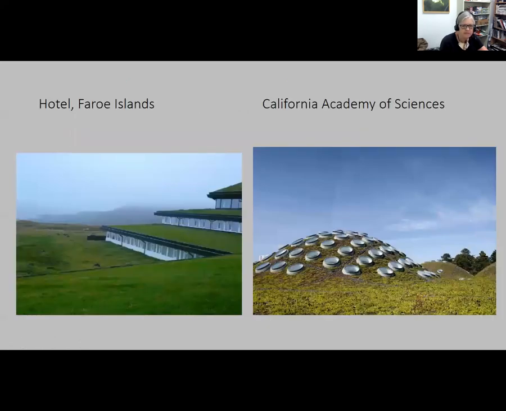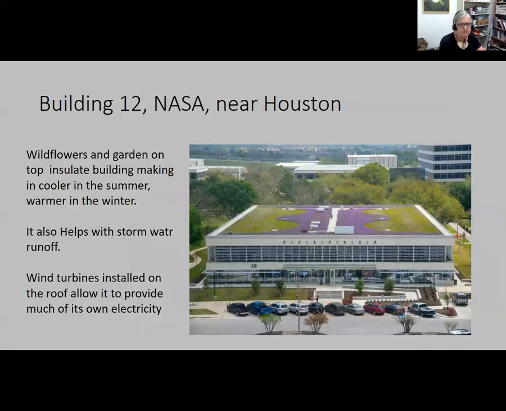This is a hotel in the Faroe Islands, and the California Academy of Science. And Building 12 at NASA also has plants planted on it. And I don't have this in here, but the Glassell School of Art has a terrace with plants growing on it. It's located at the corner of Montrose and Bissonnet.